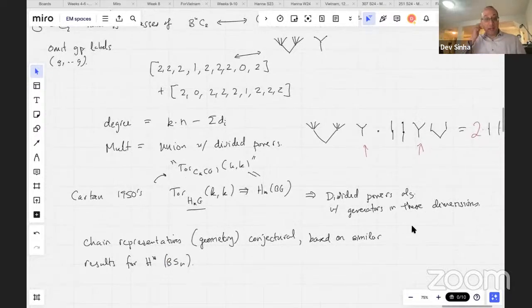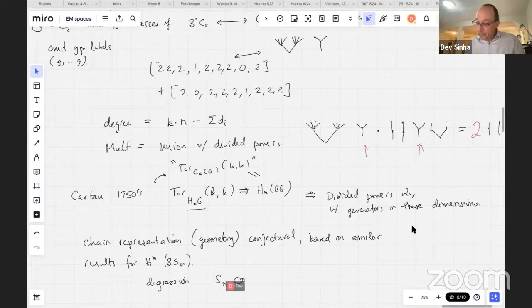Now, maybe I'll take the opportunity to say a little bit of a digression. We talked about BG last time. Elementary, you can take any contractible free G space and quotient by the G action. So for S_n, remember, like the cyclic groups would act on infinite spheres.